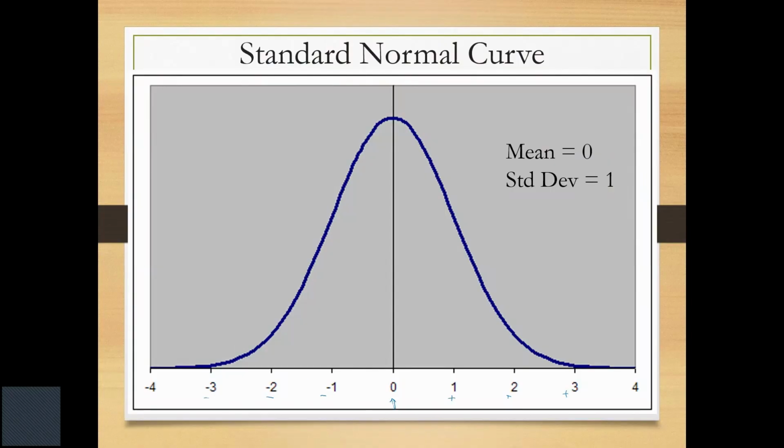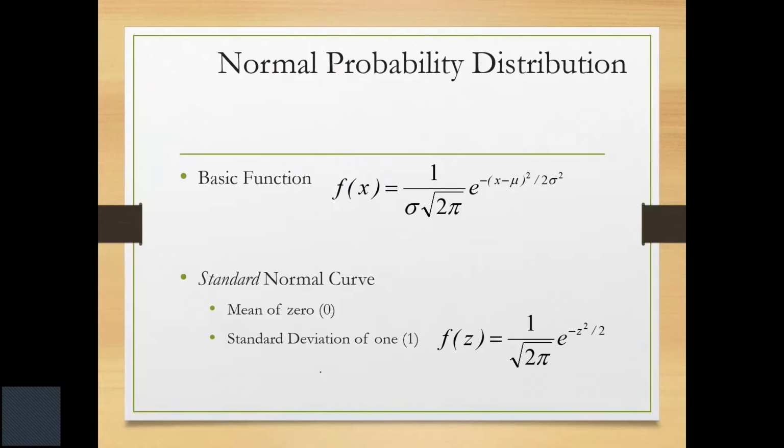And every standard deviation is a 1. So if we look at that function again, what that does is it means our sigma, this, is 1, this is 0, this is 1, okay? And that simplifies things a lot.